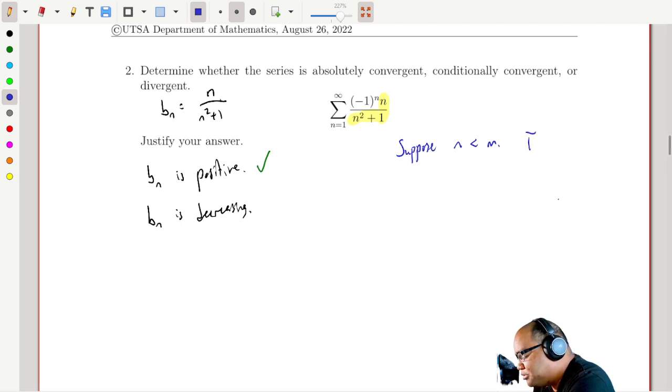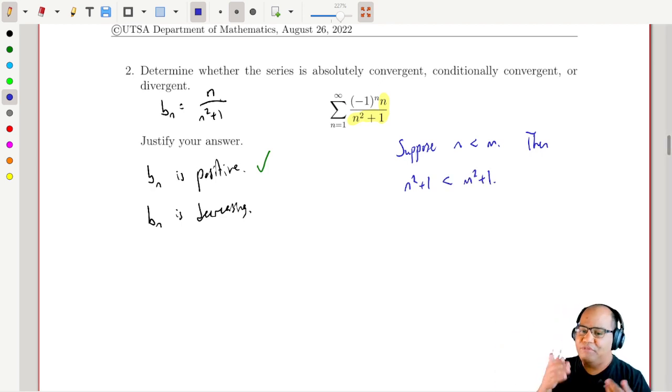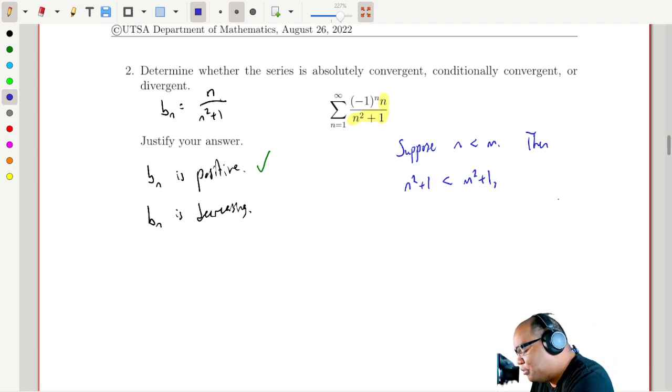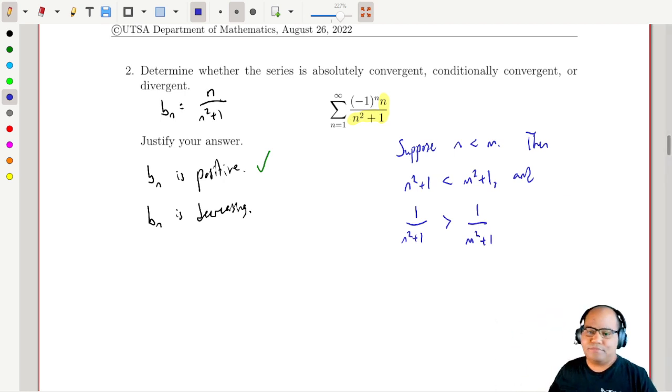Then I can certainly say the following: n squared plus 1 is less than m squared plus 1. Well, if n is smaller than m, then n squared is smaller than m squared, then I can add 1. I preserve the inequality. Now we're going to take reciprocals here. We have 1 over n squared plus 1 is now bigger than 1 over m squared plus 1.